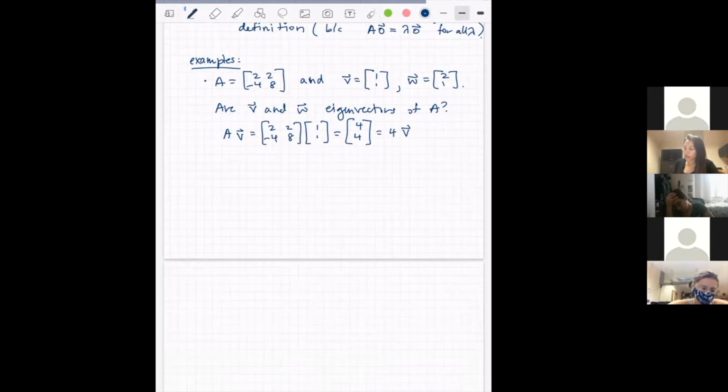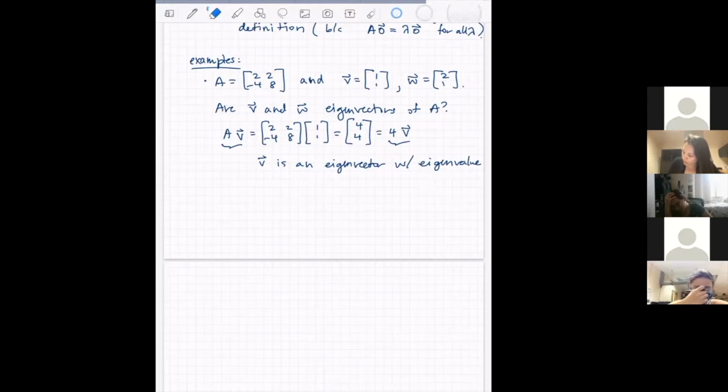So we do get that A times V is equal to some scalar times V. So V is an eigenvector with eigenvalue lambda equals 4.